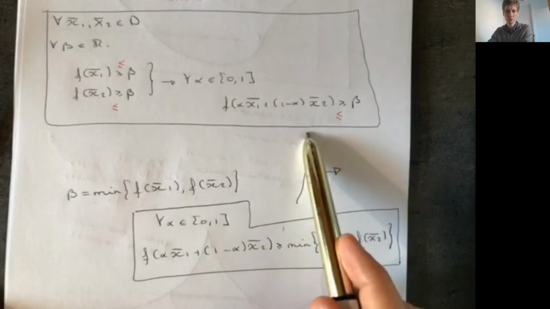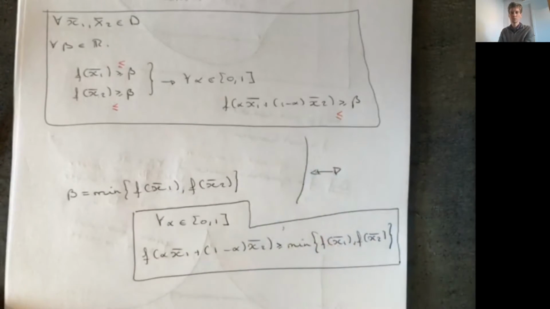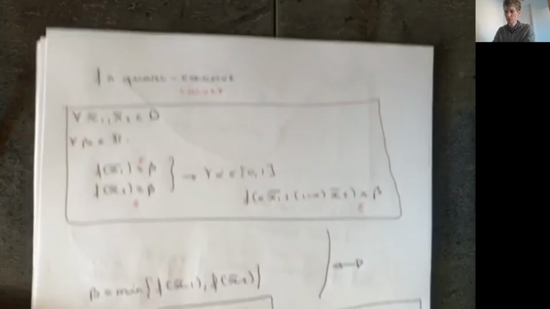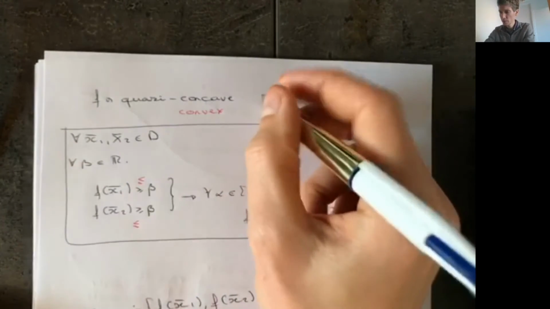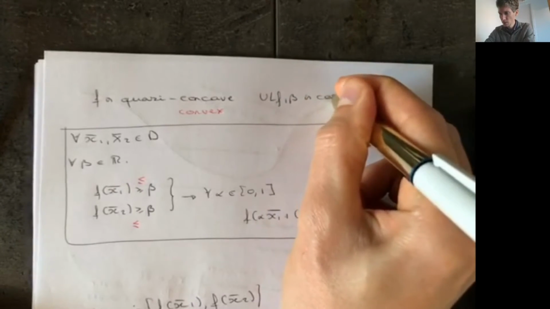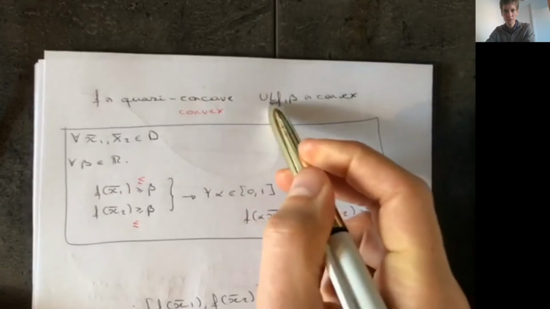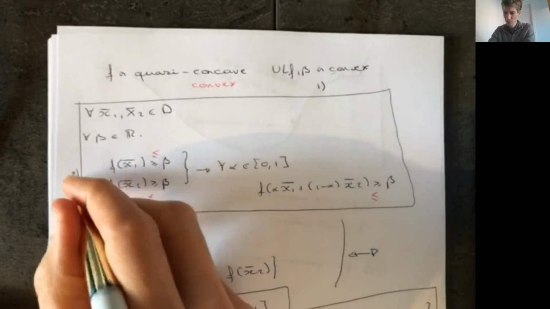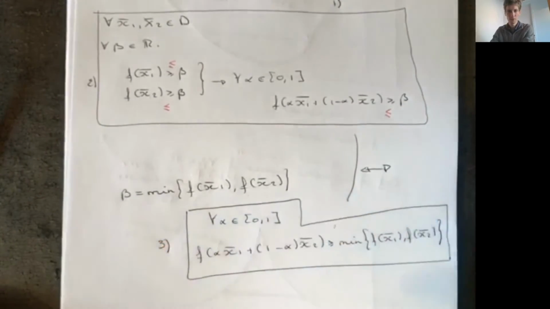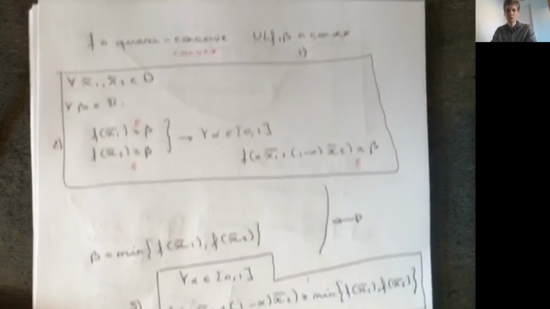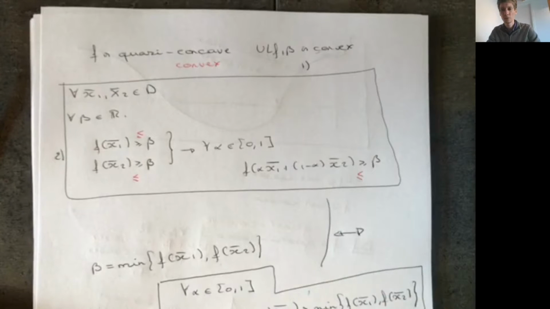So this gives you the arrow from the bottom to the top. Okay, so these two conditions are the same, right? So we have three definitions of quasi-concavity. The first says that the upper level sets are convex. The second one is this definition here. And then the third one is this definition here. And you can use whichever one you want. All three of them are equivalent definitions.